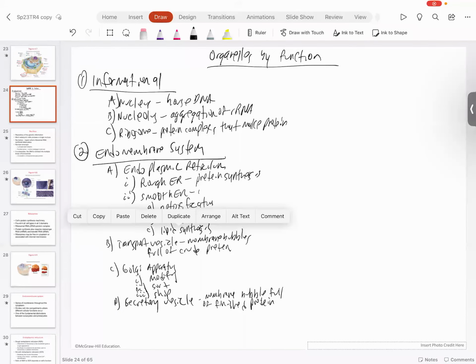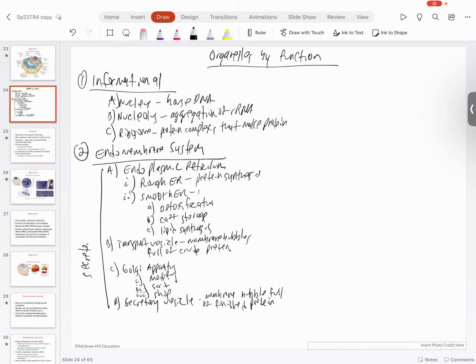These here represent the secretory pathway. We'll talk a little bit about that. Now, an extension of this, which I tend to put under the endomembrane system, is going to be a couple of other organelles that we'll take a look at.